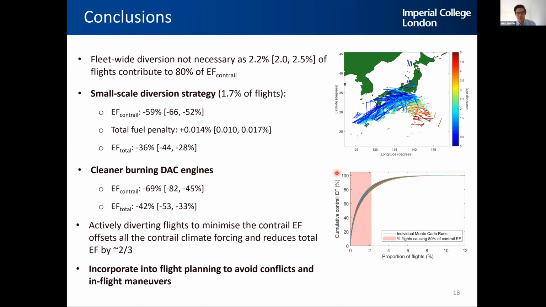The balance, so this 2% to 80% balance, shifts slightly, so you don't have as much of an unbalanced equation there, and that's also because flights tend to follow each other across these tracks. So these results I think show the potential, but clearly more studies are needed to look at what the effect could be in different regions.